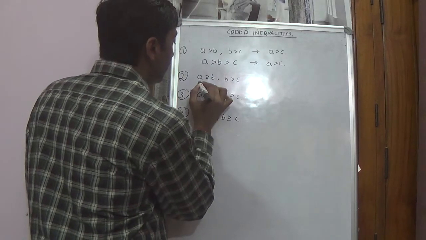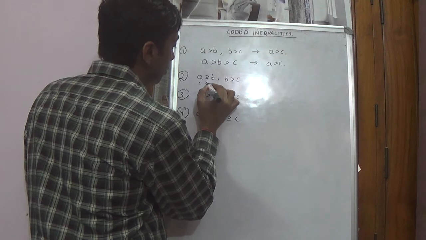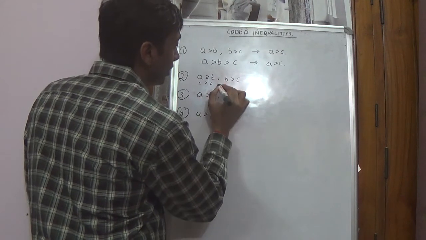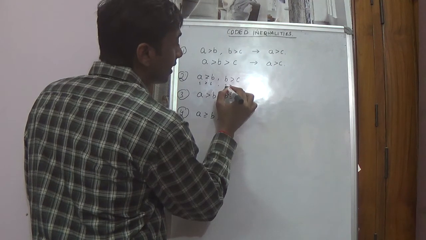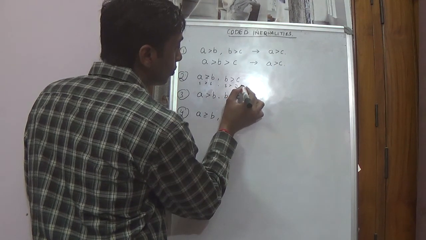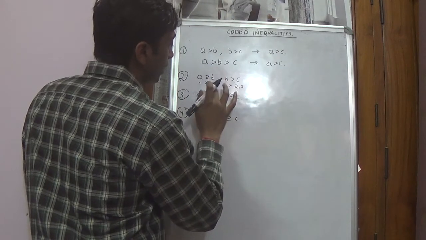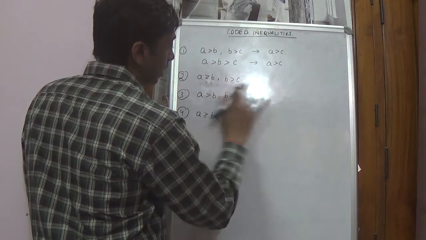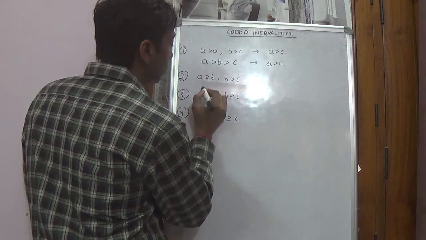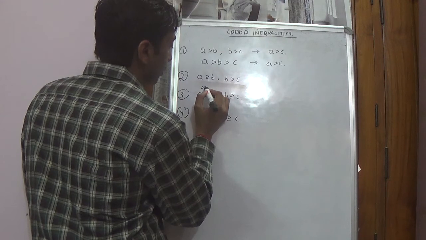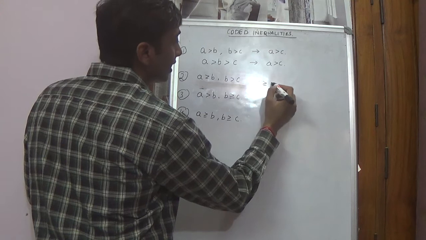In this case, A is greater than equal to B and B is greater than C. Suppose A is 1 and we assume the equal to condition, so say B is also 1. Then C should be less than this 1. So say A is equal to 2, 2 is greater than equal to 2.